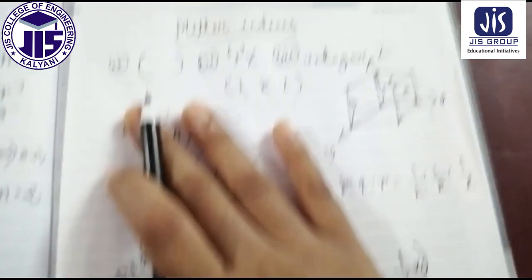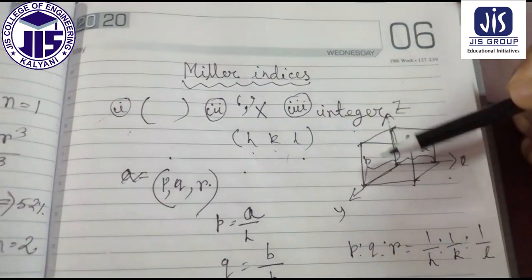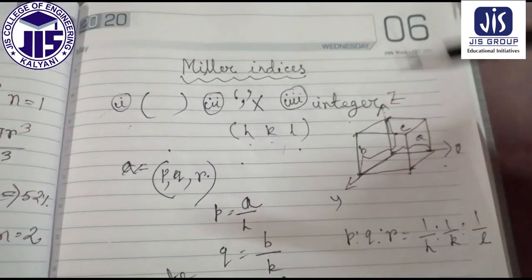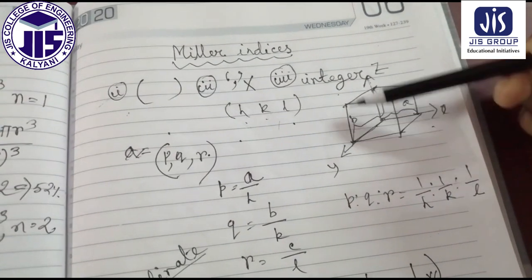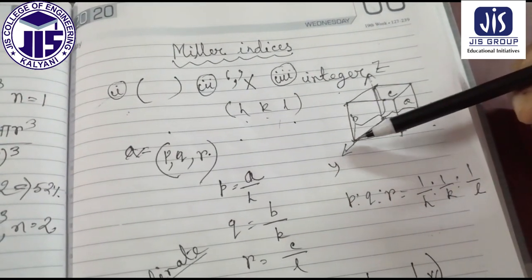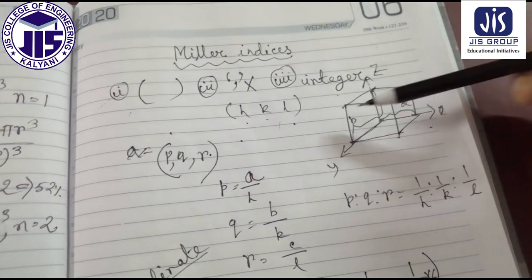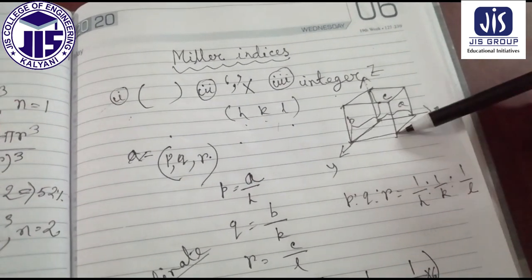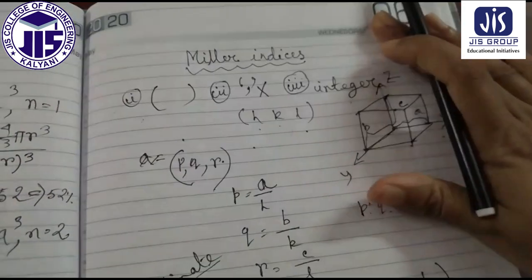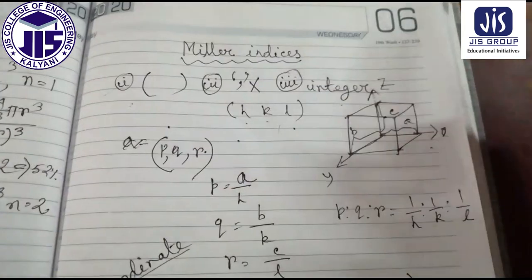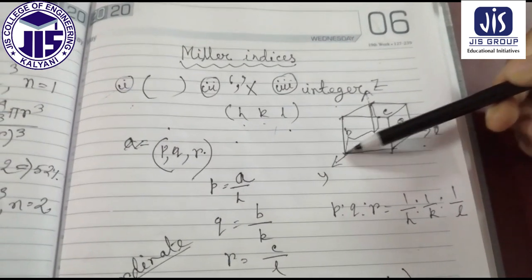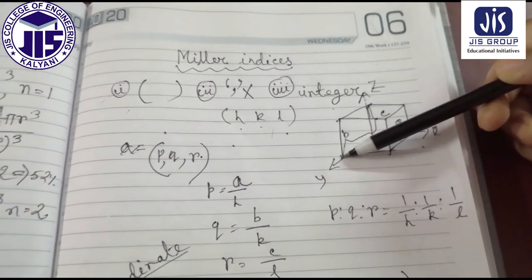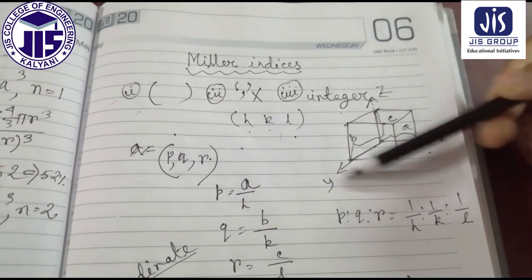Thus, if we go to the figure and ask the value of the intersection point of any plane, suppose we are considering this front plane, and we ask what is the coordinate or position, you have to mention the coordinate.